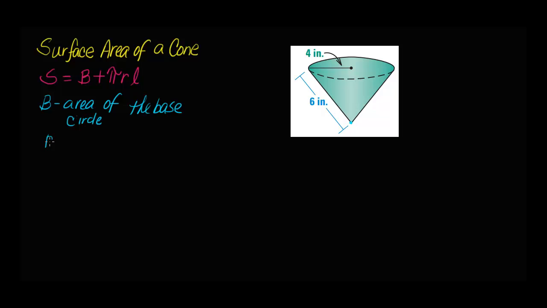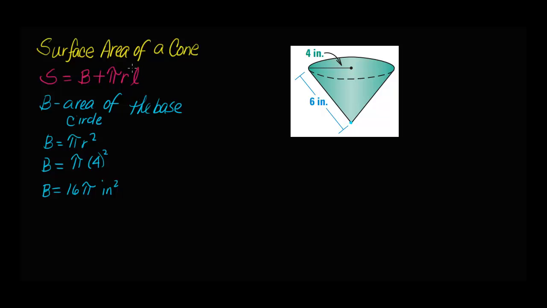So B would equal the area of a circle, which you should know, and it's pi r squared. Okay, so B is equal to pi times the radius, which is 4 inches, squared. 4 squared is 16, and B will equal 16 pi square inches. Okay, that would be the area of the base.